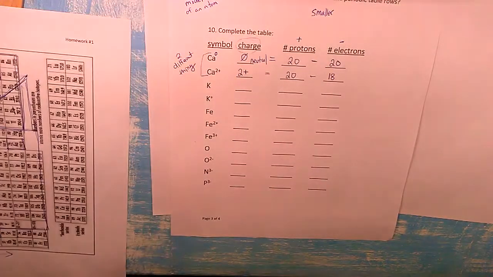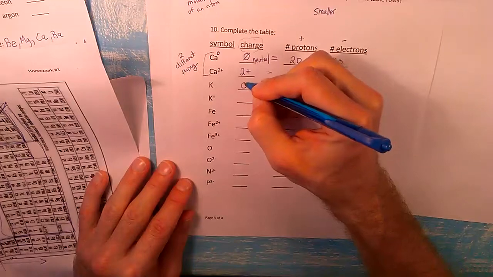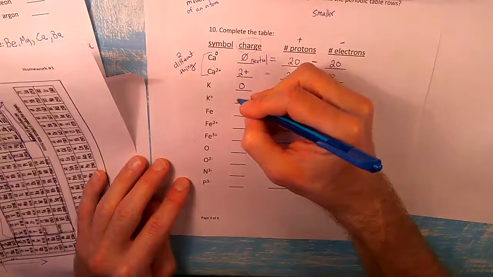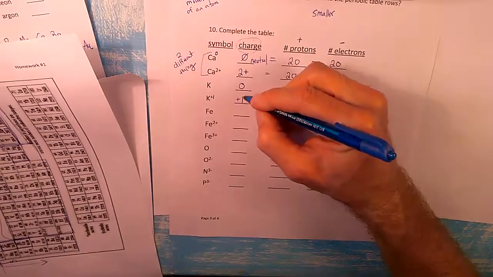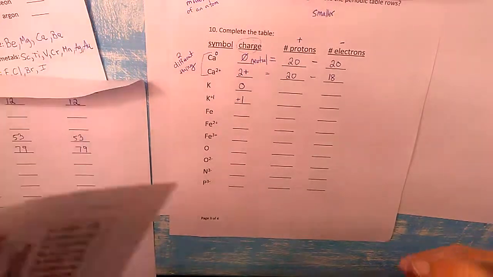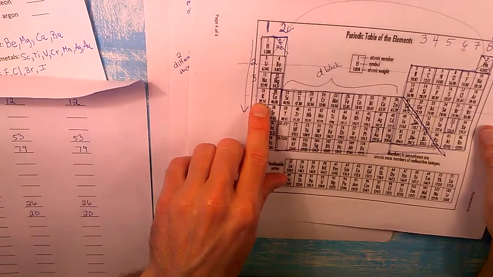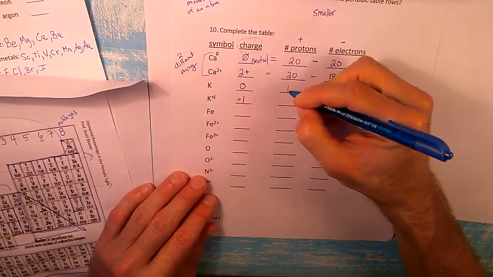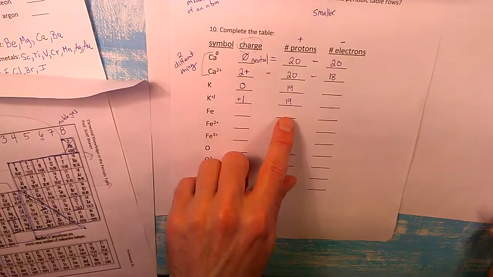Now we have a similar thing next with K and K+. K has 0 charge. Notice that it says K+, we mean plus 1. So the charge could be plus, or maybe to put a number on it, plus 1. Now we got to look up K, potassium, in the periodic table. It's here in column 1. It's number 19, meaning that any form of potassium K has 19 protons.